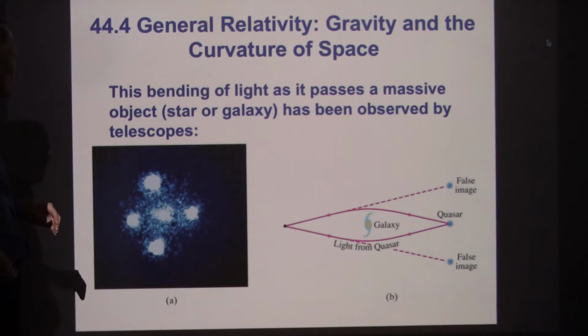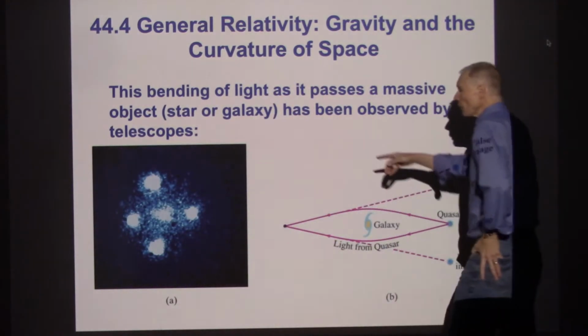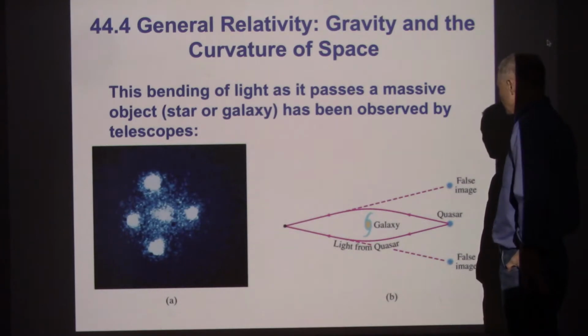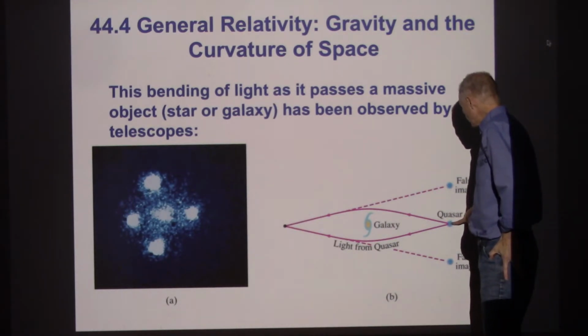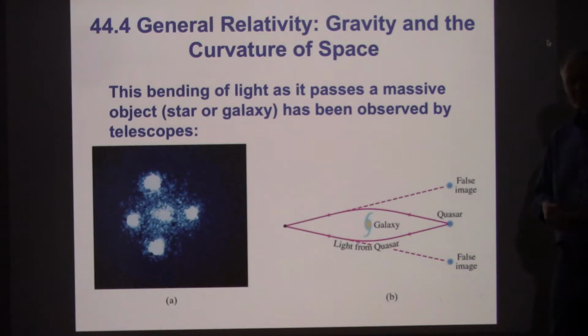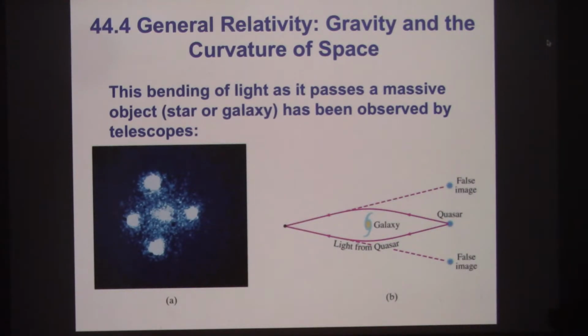Another prediction from general relativity is, again, because light is going to follow a curved path in a gravitational field, you could have the very same object. So here is a very distant, high luminosity galaxy. These are called quasars. So quasars are these very luminous, very distant galaxies.